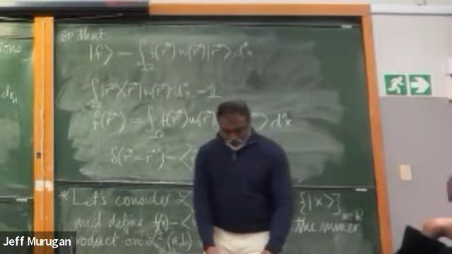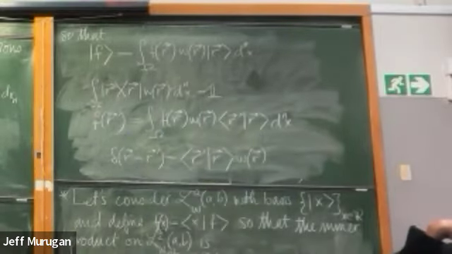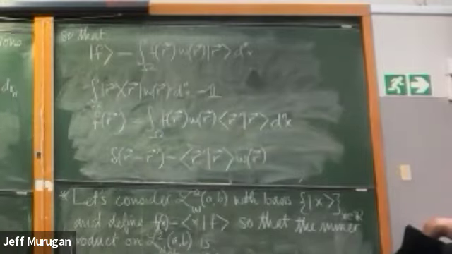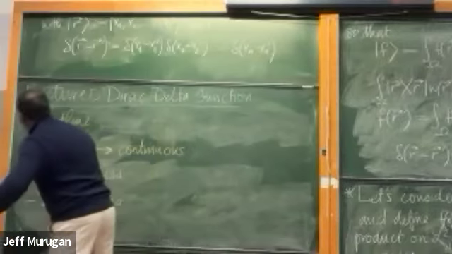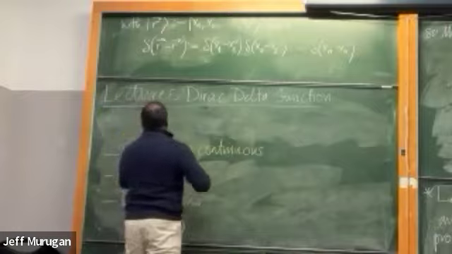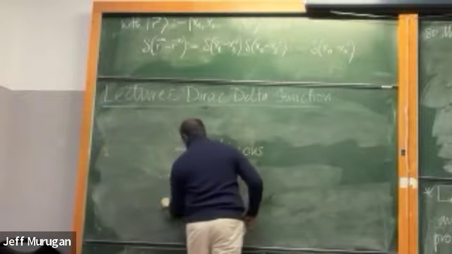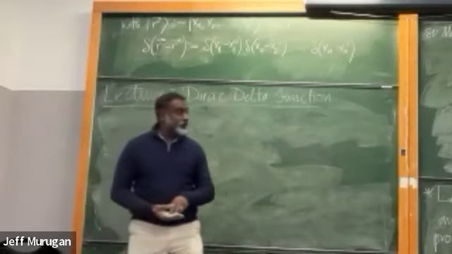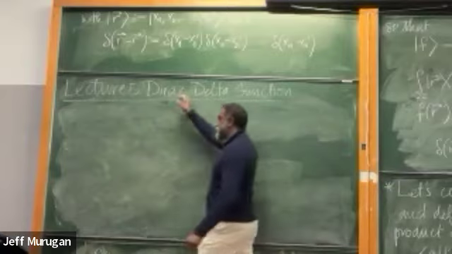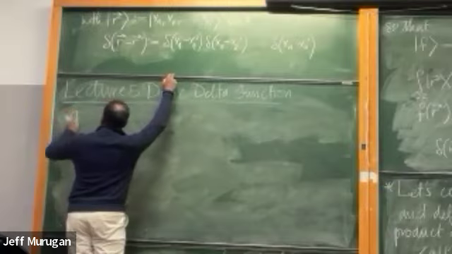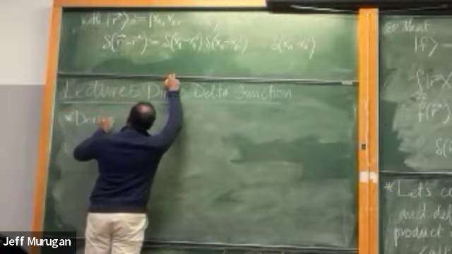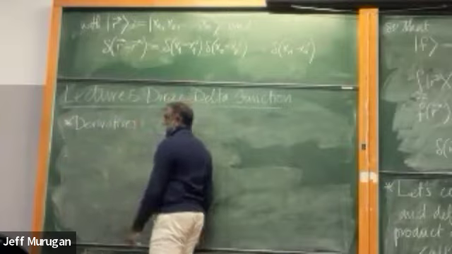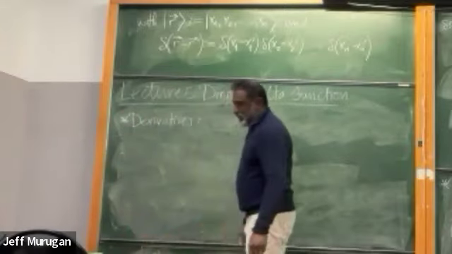Okay. I want to make one more observation about the Dirac delta, and then I'll stop. The Dirac delta also has the property, and you can prove this rigorously as a limit, that its derivatives are also defined under the integral and defined by integration by parts as follows.